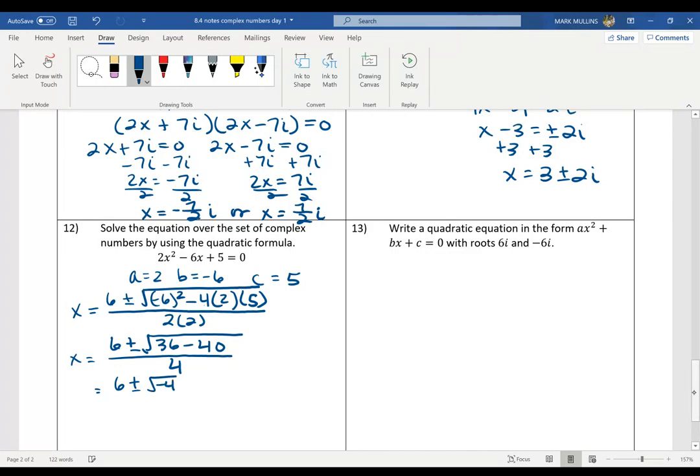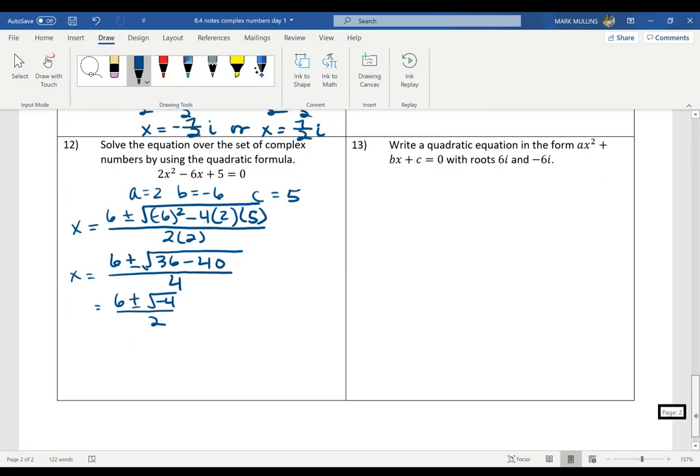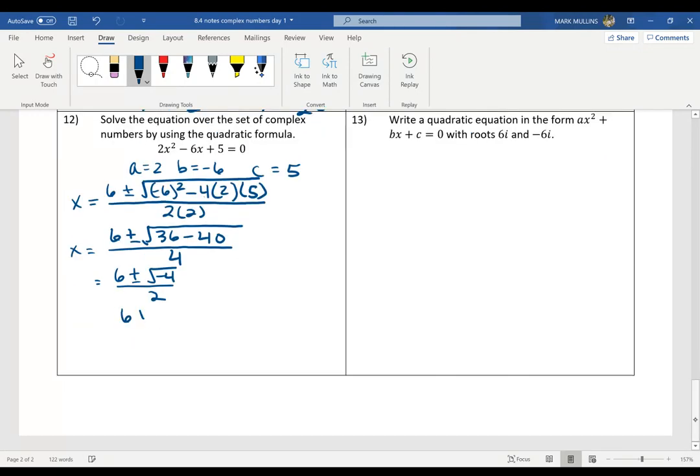That's why they're telling me in the directions to solve over the set of complex numbers. So this will be 6 plus or minus 2i over 2. And remember, we have to divide the 2 into both parts. So 6 divided by 2 would be a 3, and then 2 divided by 2 is 1. So 3 plus or minus i.